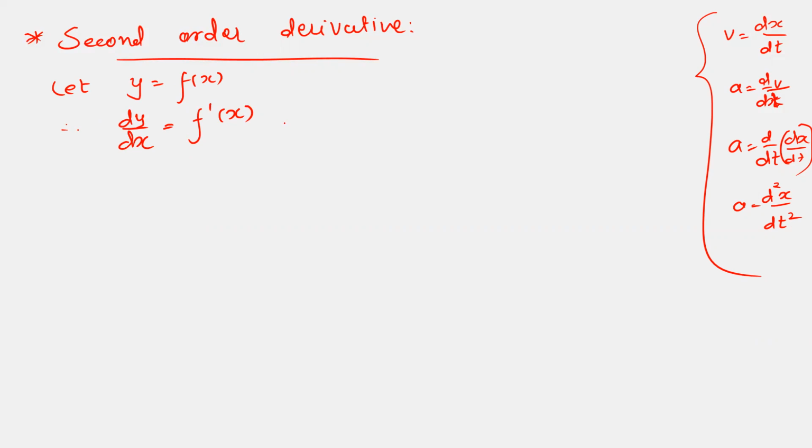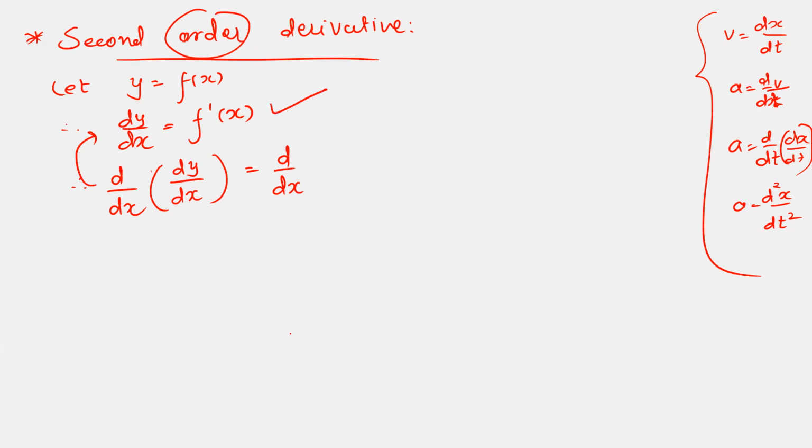One dash means one time derivative. Suppose I need to do one more time, second order derivative. That means we are doing the derivation of the above one.